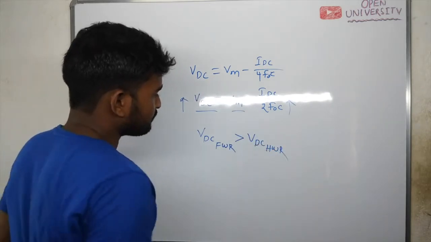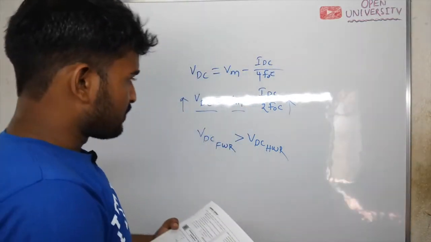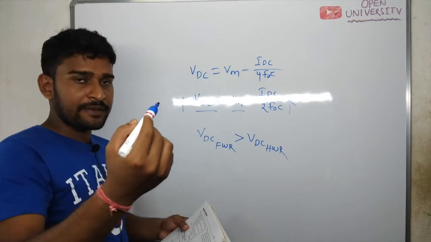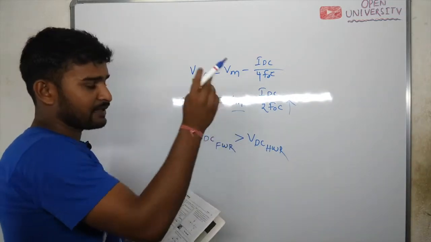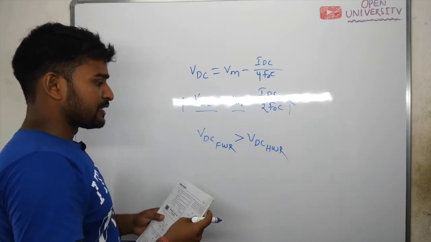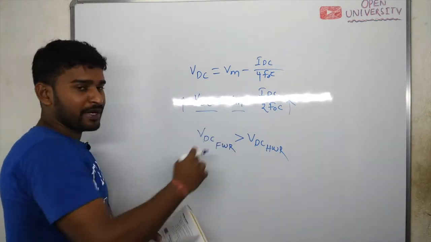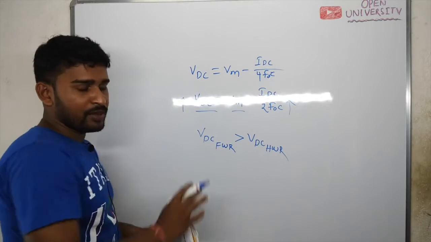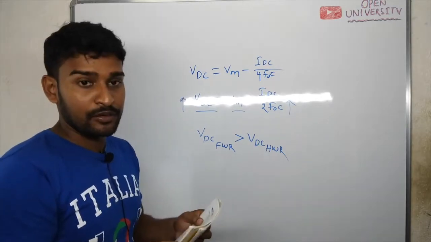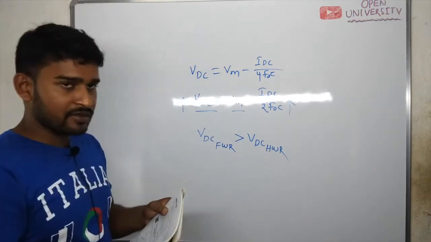So if one of the diodes becomes defective, the circuit will behave like a half wave rectifier with capacitor filter, in which the DC voltage will be lower compared to the full wave rectifier. So the first statement, the DC voltage will be lower than its expected value, is correct.